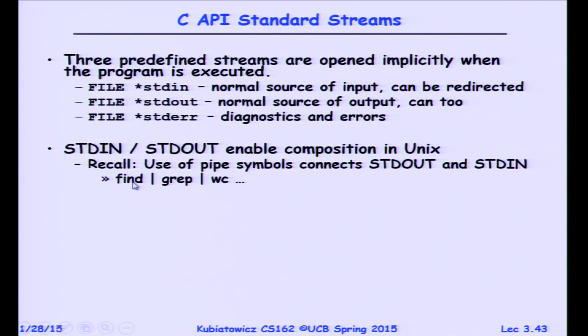The shell is constructing three processes: find, grep, and wc. It's connecting the standard out of find to the standard in of grep. It's connecting the standard out of grep to the standard in of wc and so on. And so those are all linking together. And the programs themselves are reading and writing from standard in and standard out. And you can mix and match them any way you want with these pipe symbols. How many people have ever done that before? Okay, good. All right, so that's the way you think of this.